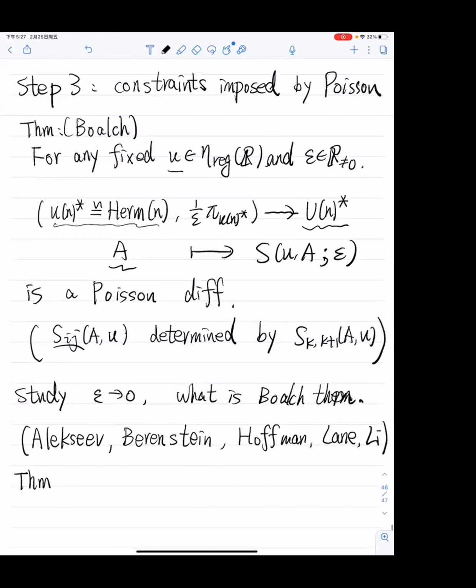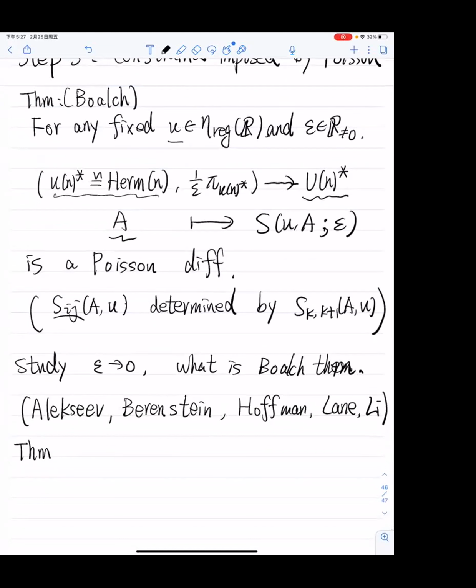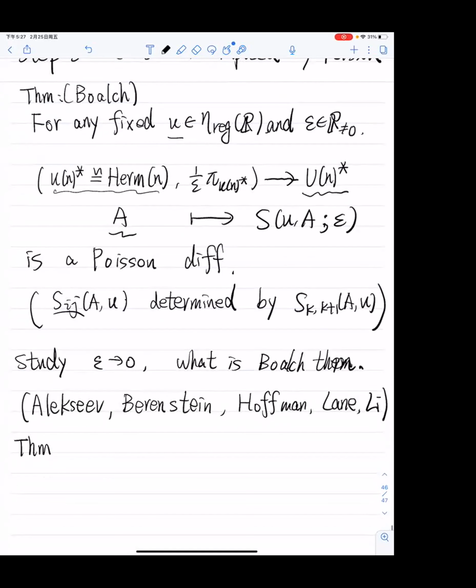As I said, we want to understand what's the analog of the theorem as epsilon goes to 0. We should first understand what is the analog of the dual Poisson-Lie group as epsilon goes to 0. In the end, it's summarized as follows.